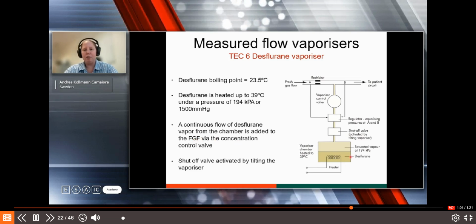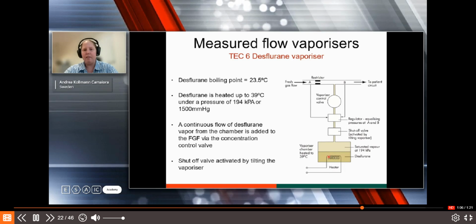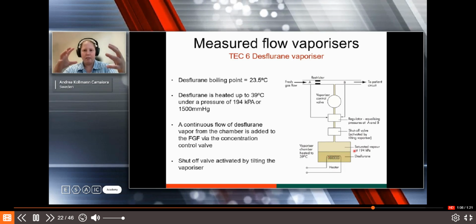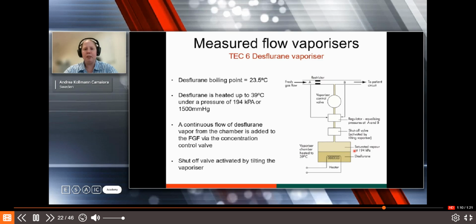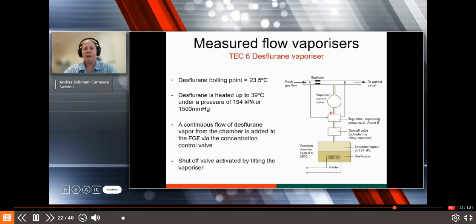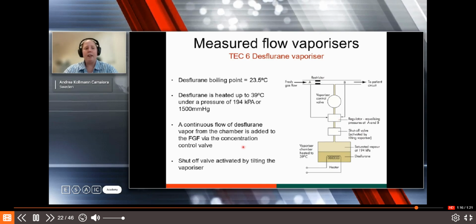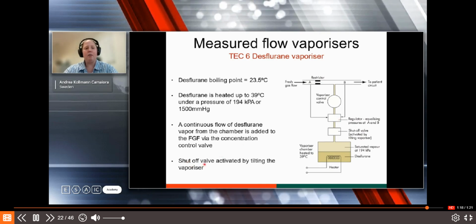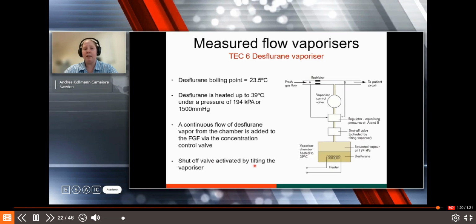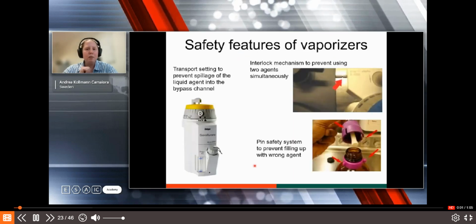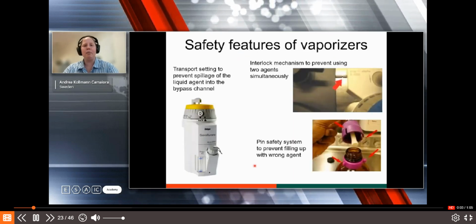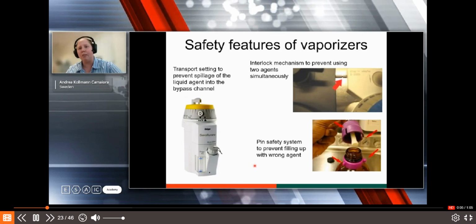So we have the heating, then it's put under pressure, and then I have valves that, just in case something happens, will stop the flow. And here there is a shut-off valve activated by tilting the vaporizer. So we're going to talk about the safety features of the vaporizers and why this is important.